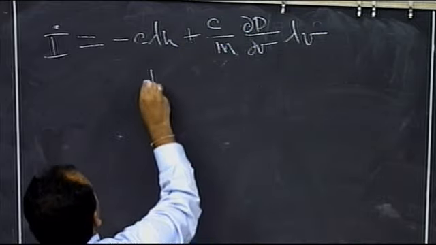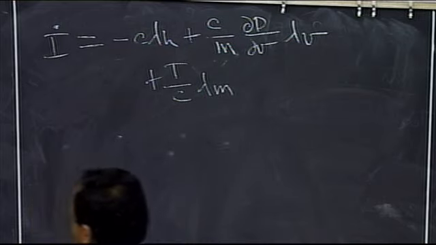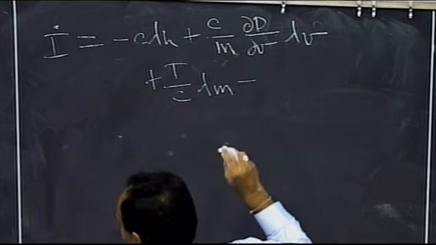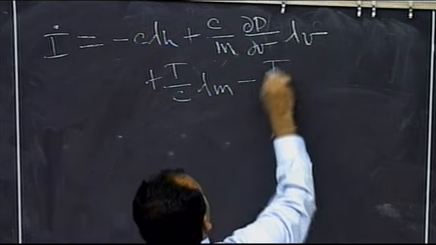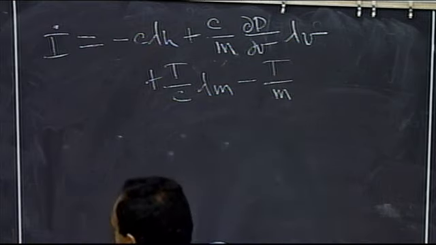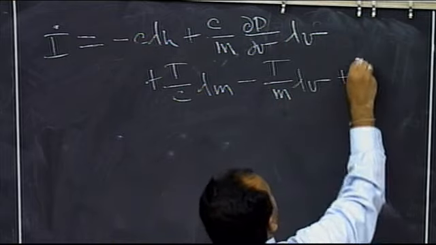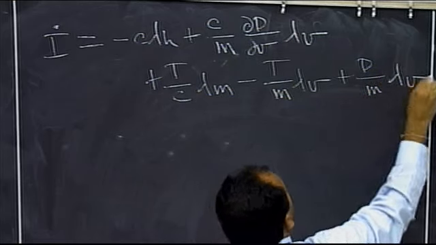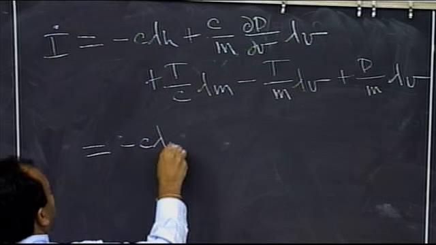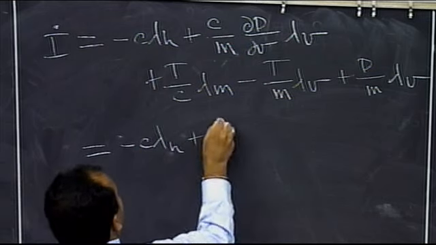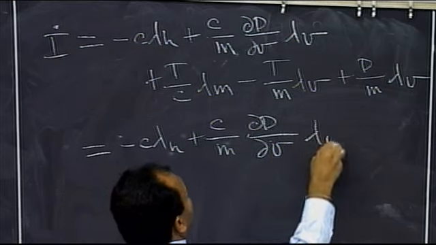And I've got plus t over c times lambda m. And I've got minus t over m times lambda v. And I've got plus d over m times lambda v, which is equal to minus c lambda h plus c over m partial d partial v times lambda v.